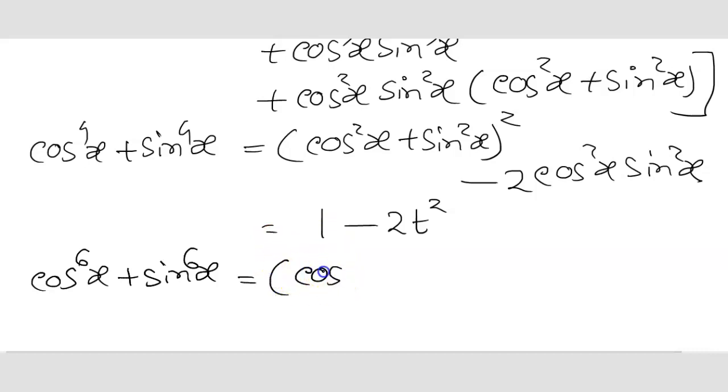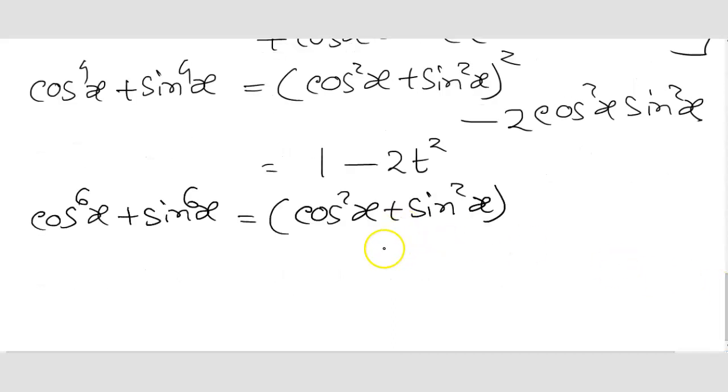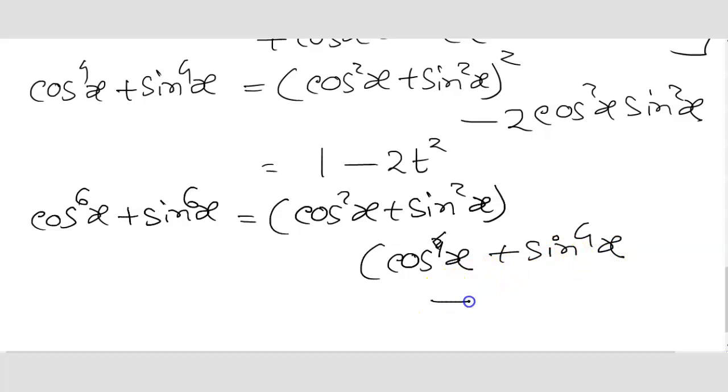According to the formula, there is a part cos square x plus sine square x, and there is also a part like cos 4x plus sine 4x, and there is a minus part that includes cos square x sine square x.